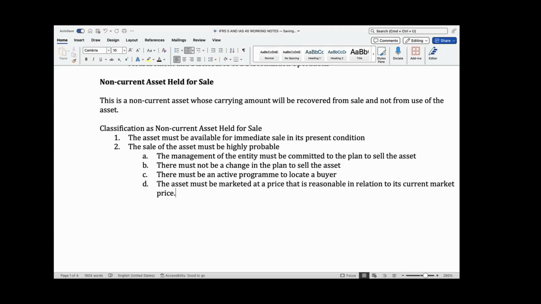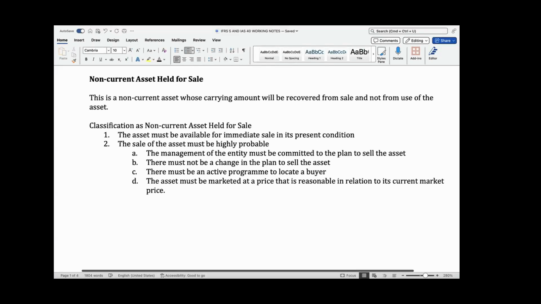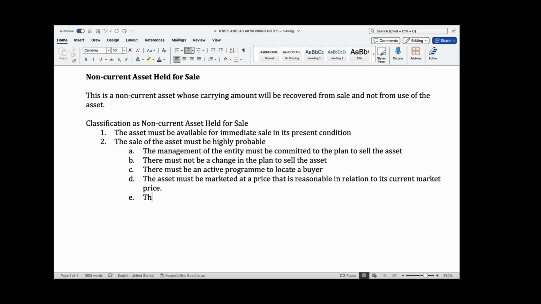And finally, the sale must be made within 1 year.